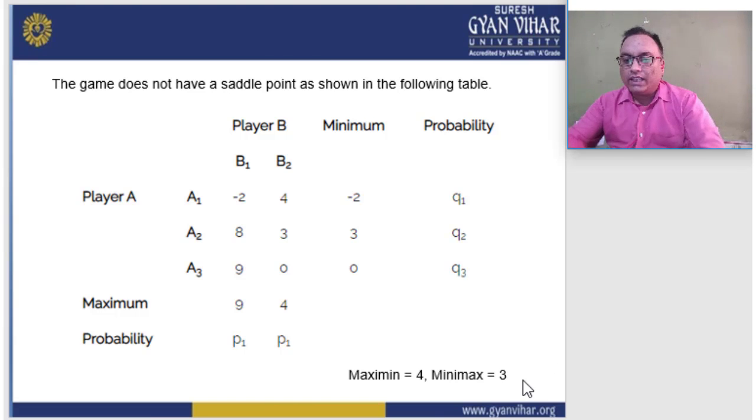In this case, the maximin and minimax values are not equal. If both are equal, then a saddle point exists in this problem.